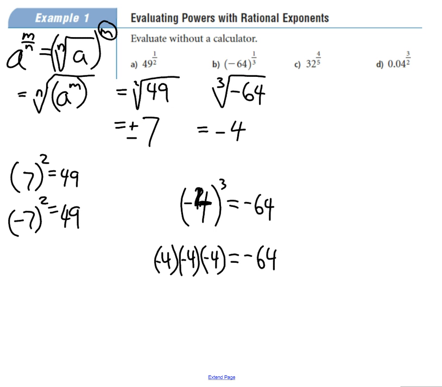So when we raise something to the exponent 4/5, we look at the bottom, the 5, the denominator, is the root, and the numerator 4 is the exponent.